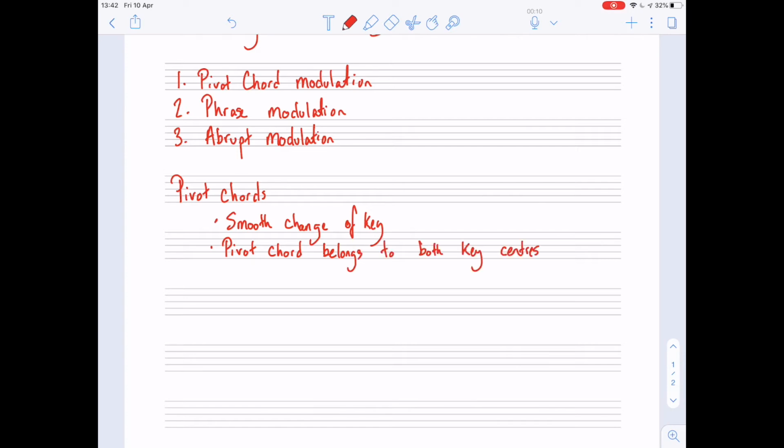A pivot chord is also normally followed by a chord of the dominant group. And as I said before, that's chord 5, 5, 7, or 7 diminished 7.